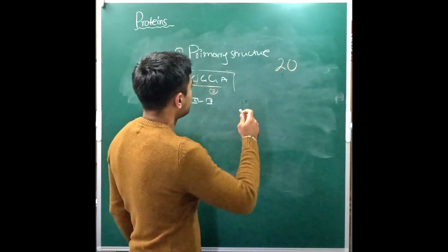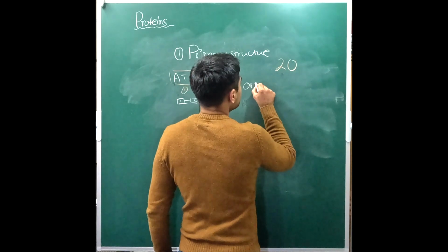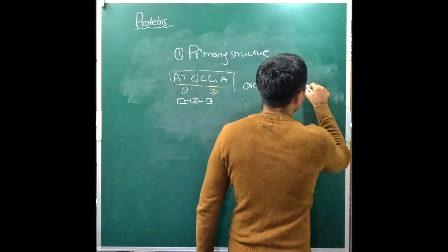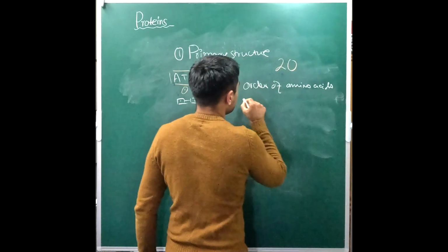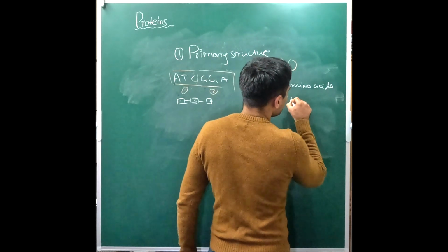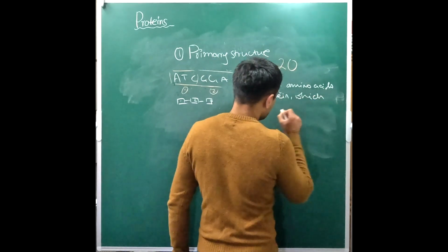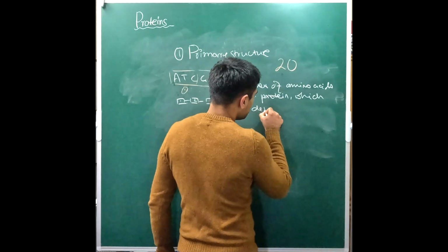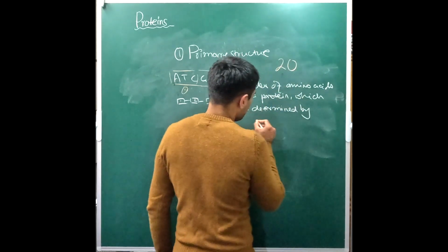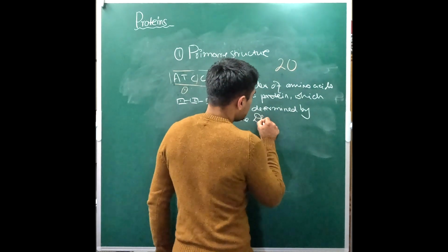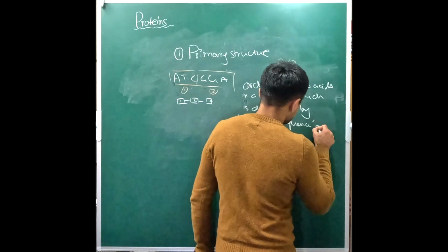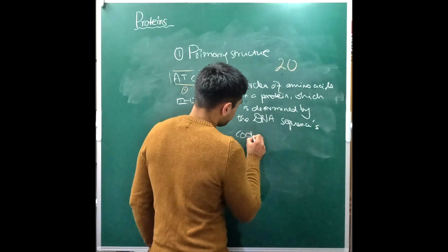Primary structure, in basic words, is the order of amino acids in a protein, which is determined by the DNA sequence, codons.